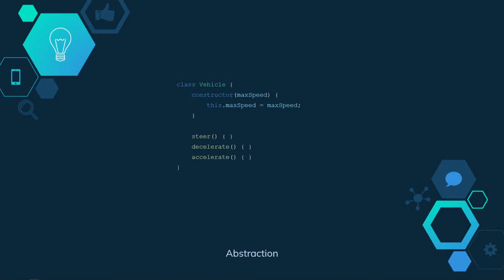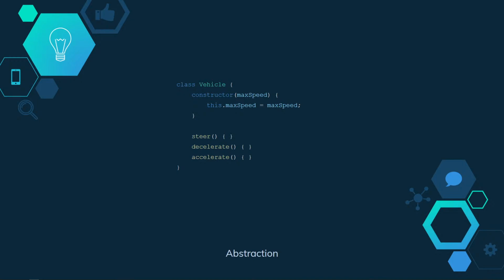So now we're going to talk a little bit about abstractions and how we can use the concept of abstraction to make our functions reusable across different objects as long as they share the same base class.